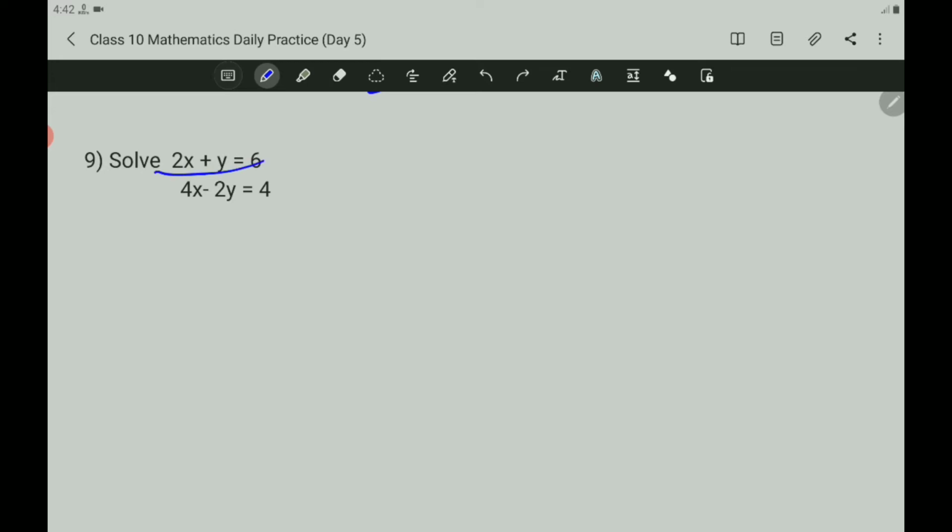If you want to solve it by the elimination method, in the first step you must eliminate any one of the variables. To eliminate the variable, you must see the coefficient of that variable in both equations. So here you observe, if you want to eliminate x, the coefficients are not the same. In the first equation it is 2, in the second equation it is 4.